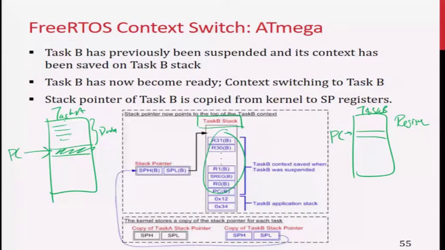So now when task B is going to resume, all the OS needs to do is go to the task B stack space, take all this information and put it back to the microcontroller. So it knows exactly where to carry on, how to carry on, what data it was processing, and so on.